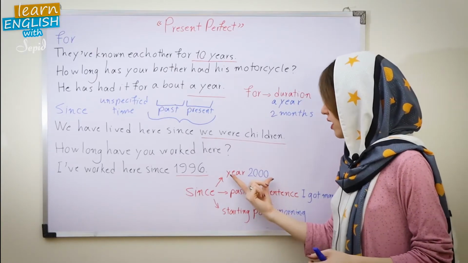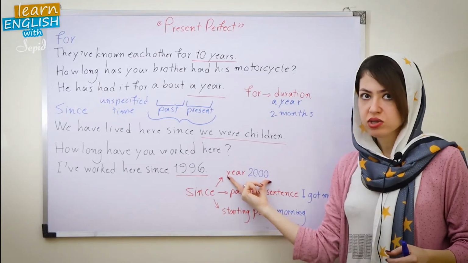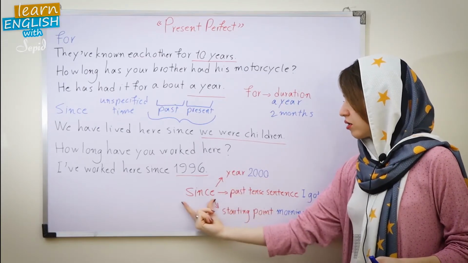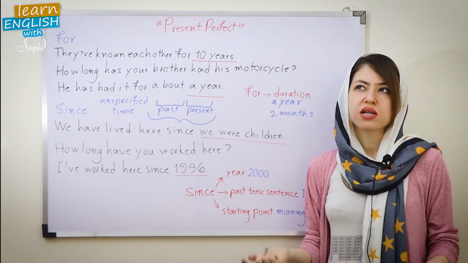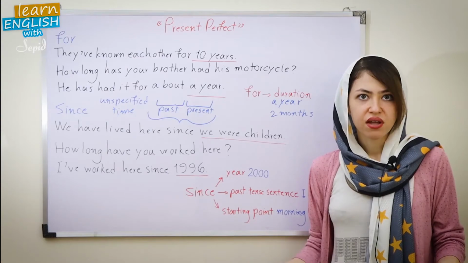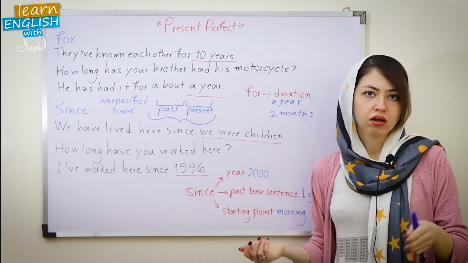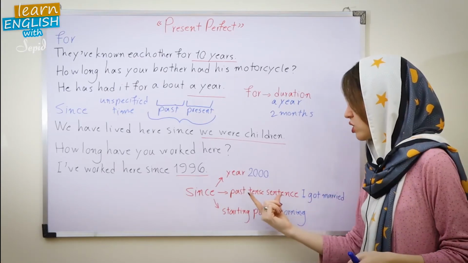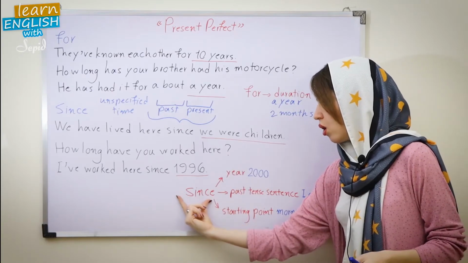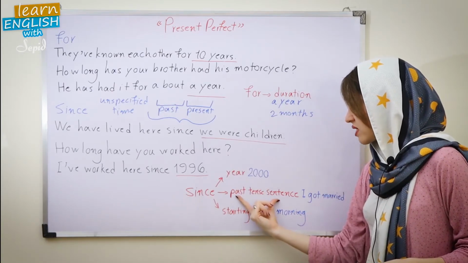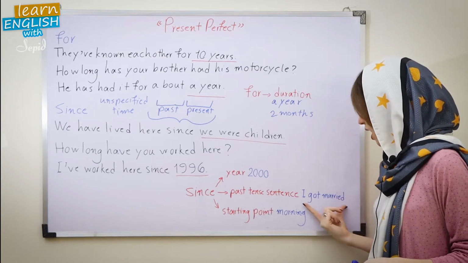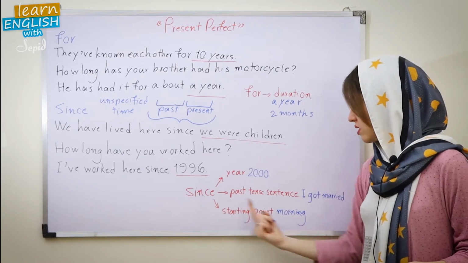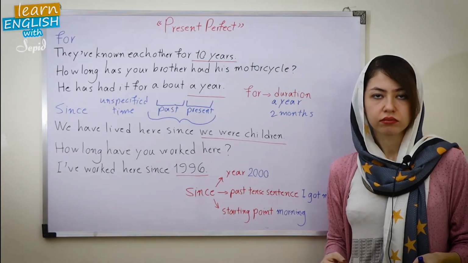Okay, so let's see. You can talk about the year if you want to use since. Since 2000, since 1955, since 2010, okay, whatever year you want to say as a starting point. Or we can use a past tense sentence, okay? For instance, since I got married.